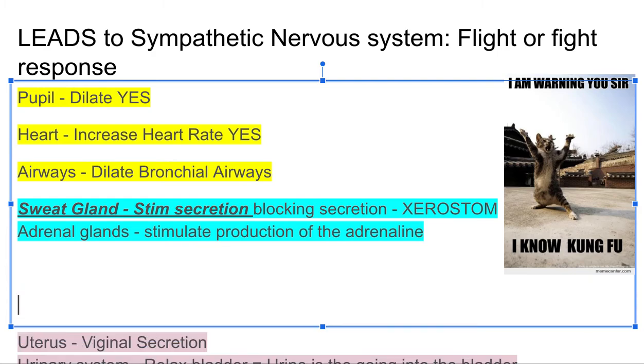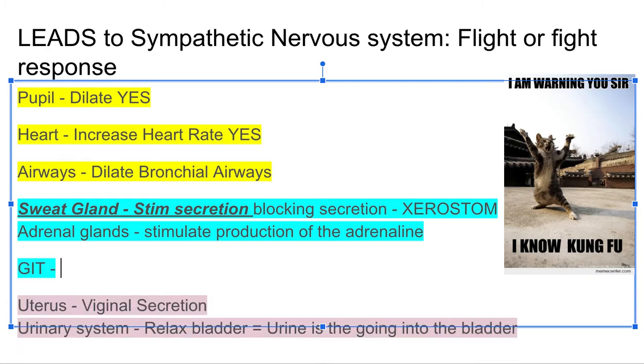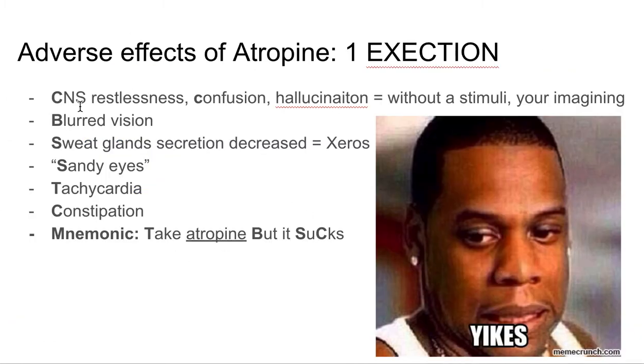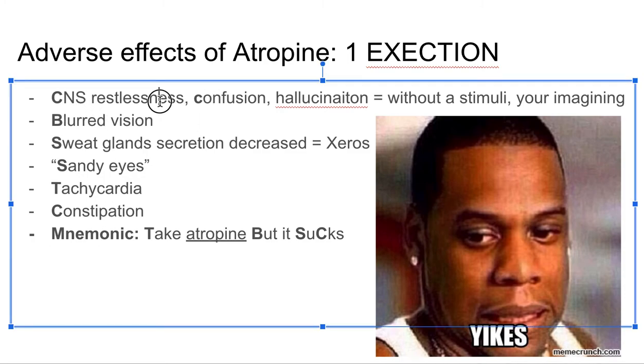So the GIT is going to relax, and yes, atropine will also be causing the GIT to relax, because atropine leads to sympathetic nervous system flight or fight response. Next thing is going to be CNS restlessness. Why do we have this? I haven't really spoken about CNS restlessness over there, but it's just a part of the mnemonic that you can kind of drop into there.